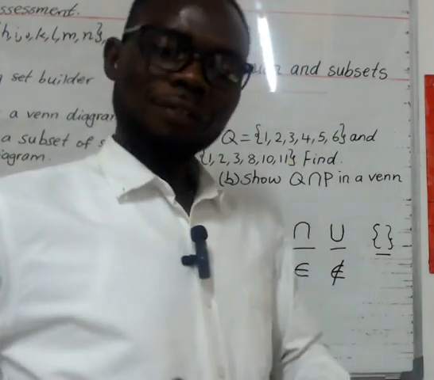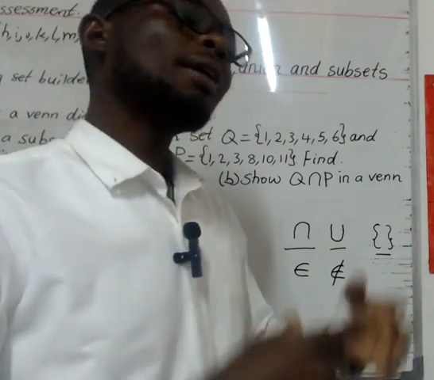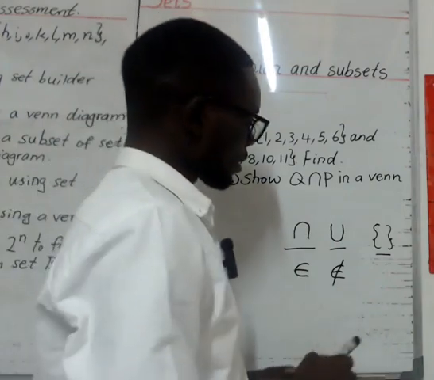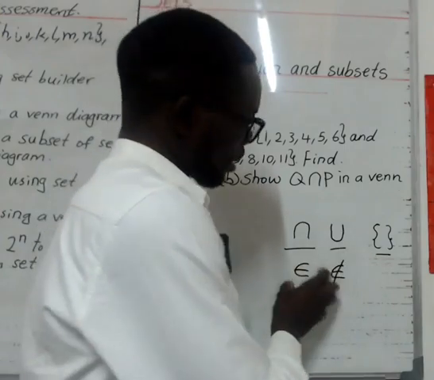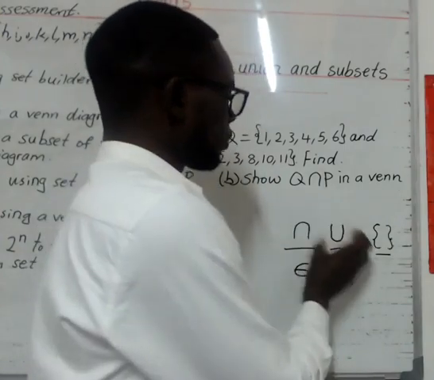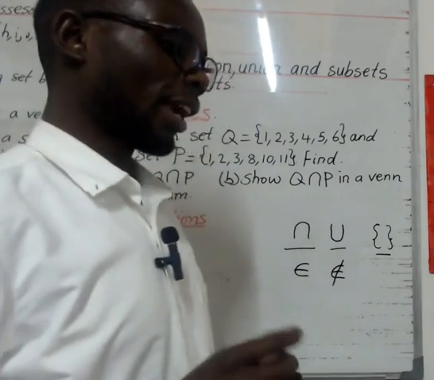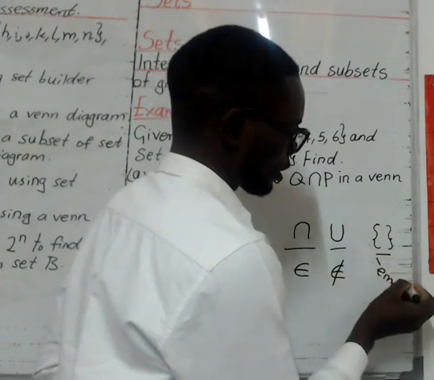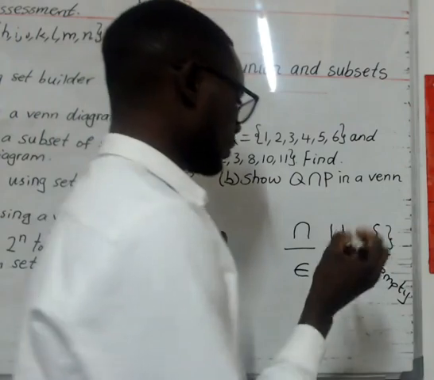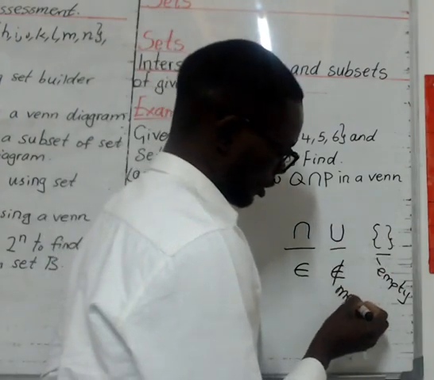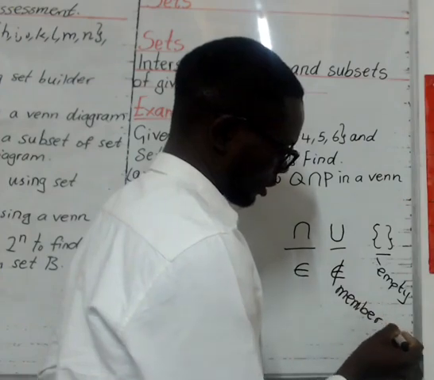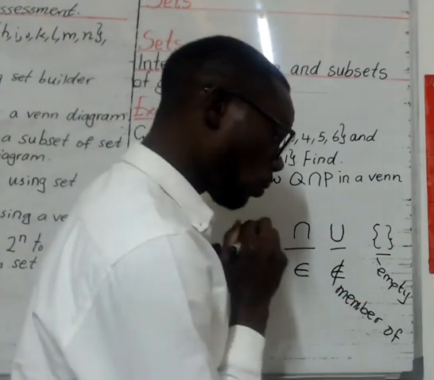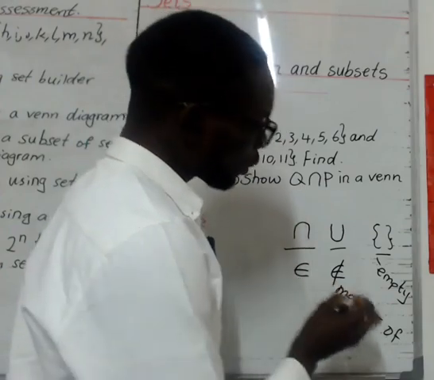If the given members are not members of the other set, then we have to use another symbol. So this is not a member of.